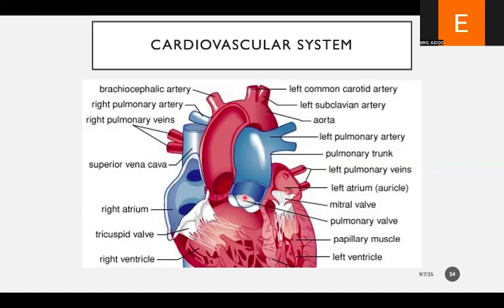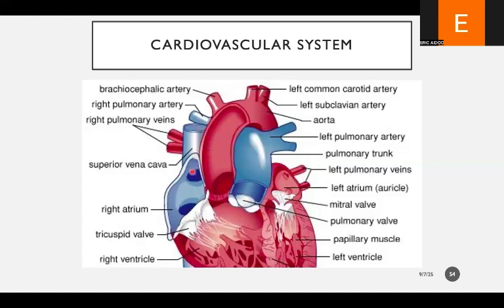So you usually hear a lub-dub sound, a high sound and then a low sound, due to the closures of the valves. The higher sound is for the tricuspid and mitral valves, and the low sound is that of the pulmonary valve and the aortic valve. So basically, that is what it is.